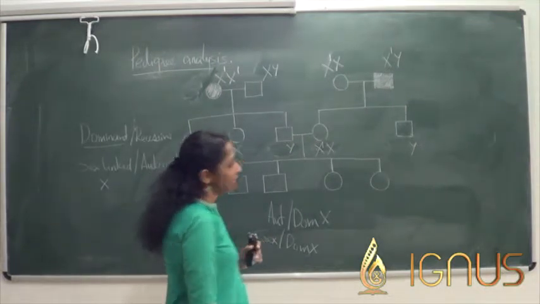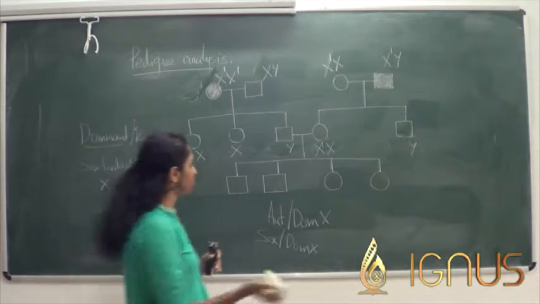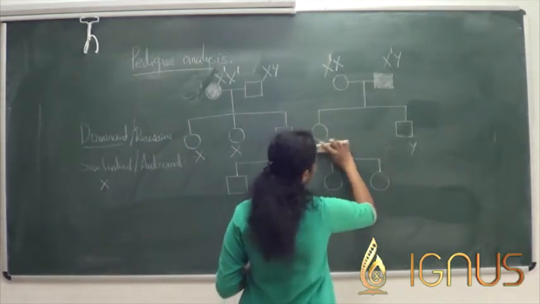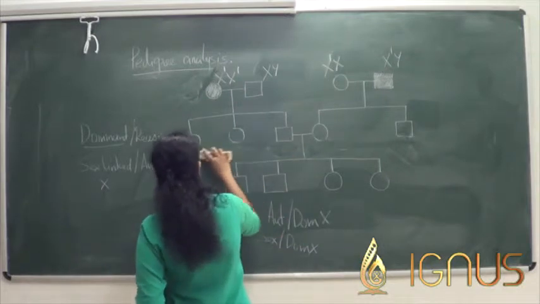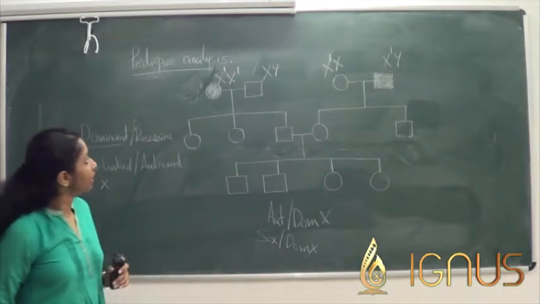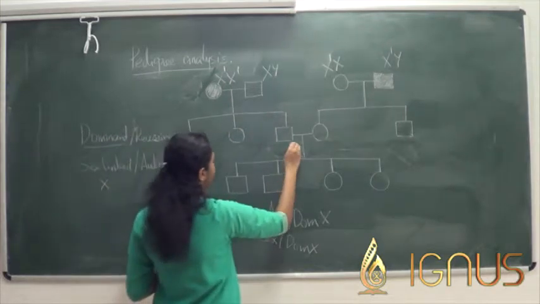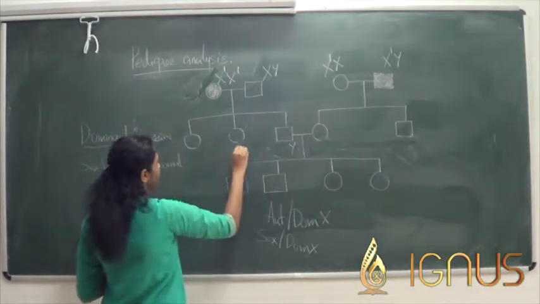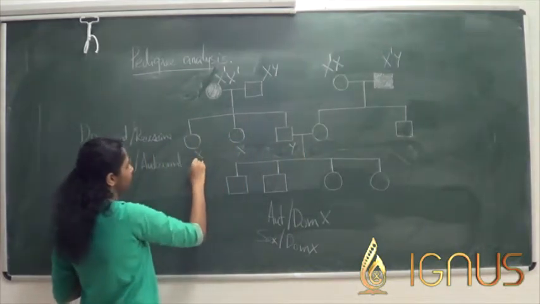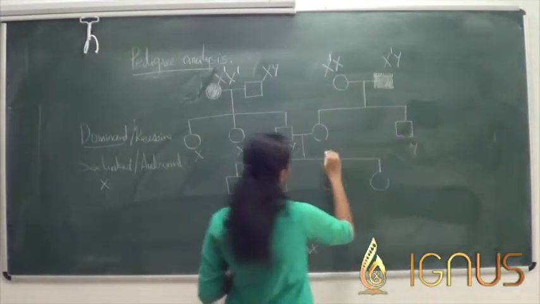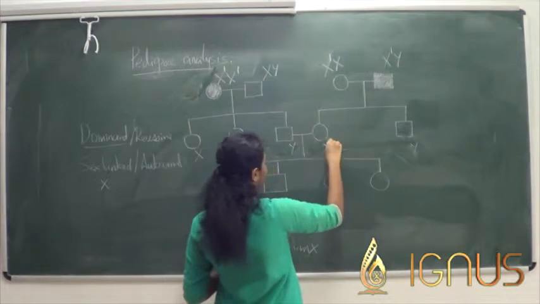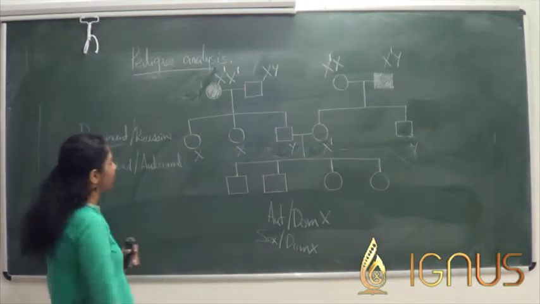The male here of course has the disease and has the recessive trait there. So again, the inheritance pattern, if you go through the same, from the males you are getting the Y, the X and the X here. Here you have the Y and the X which has the trait.